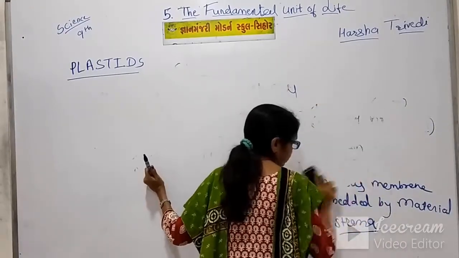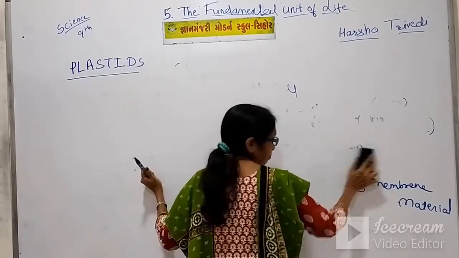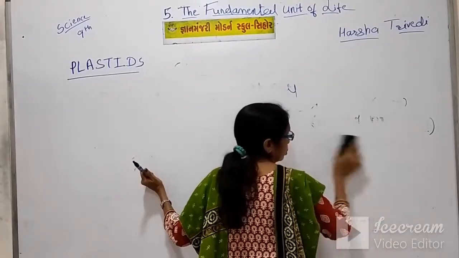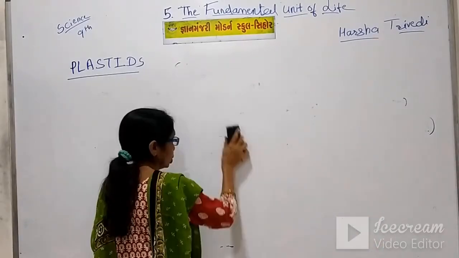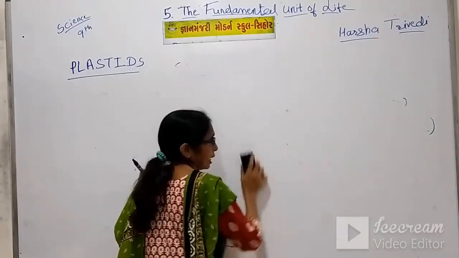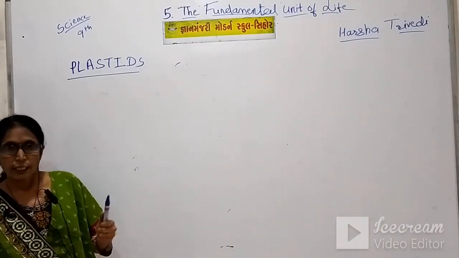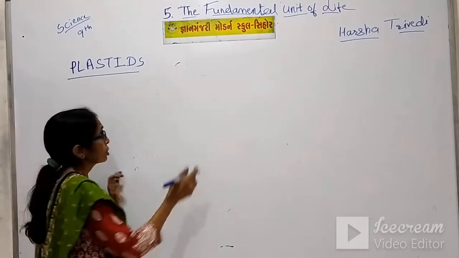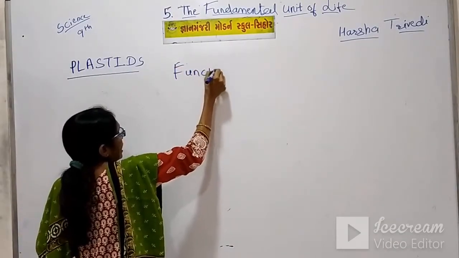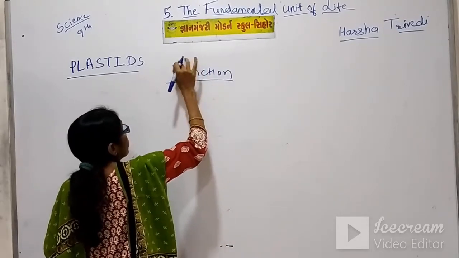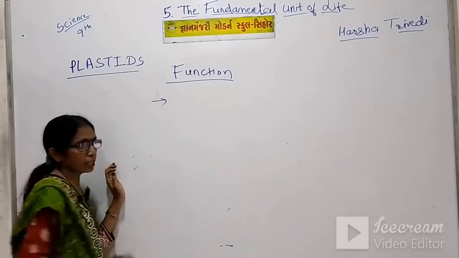Which are they? They prepare own food, photosynthesis in case of chloroplast, and storage of starch, oil and protein in leucoplast. So functions. If we write like this, structure and function form, it will be easy for you to learn and understand.